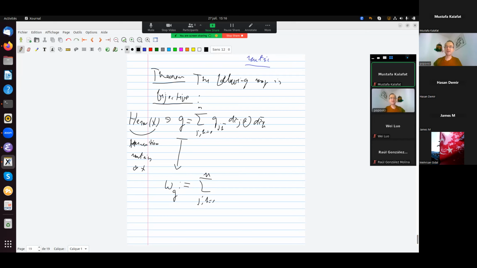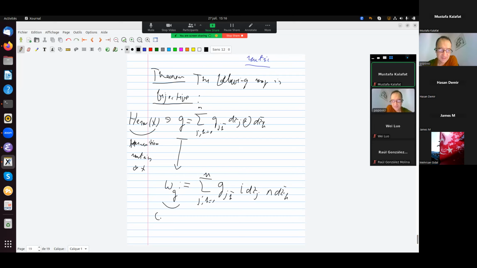It's almost the same thing as here, except that we transform the tensor product into a wedge product and put an i. So the sum of g_{j k bar}, we don't change the coefficients, we put an i, and then dz_j wedge dz bar k.